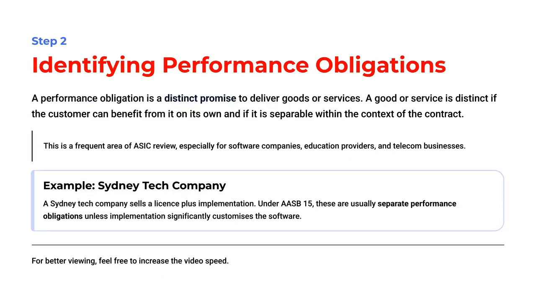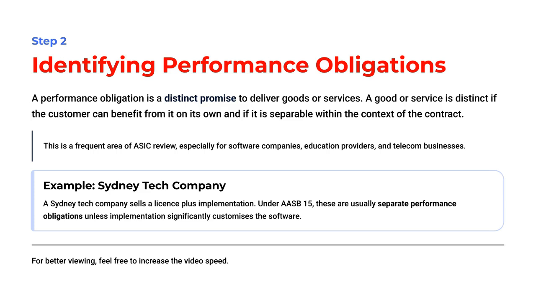Step 2. Identifying performance obligations. A performance obligation is a distinct promise to deliver goods or services. A good or service is distinct if the customer can benefit from it on its own and if it is separable within the context of the contract.